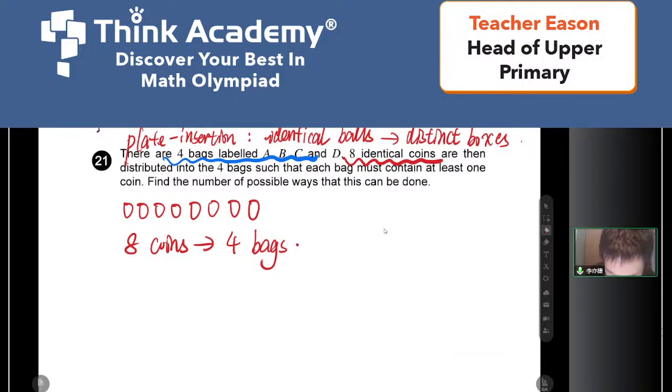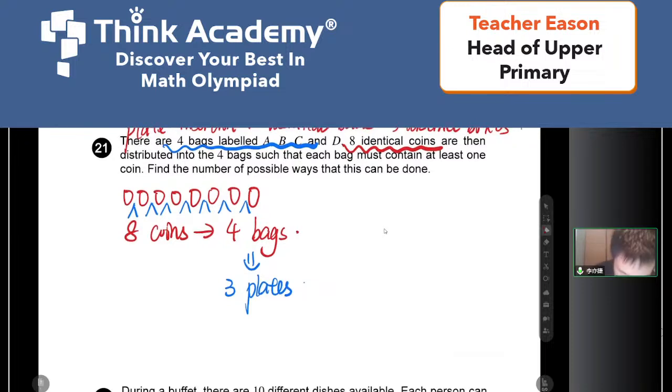Now, if we want to divide them into 4 bags, we need 3 plates to be inserted. Inserted where? The plates are to divide the balls or coins apart, so we need to insert the plates into the intervals made by those coins. We have 8 coins, which means there are 7 intervals.